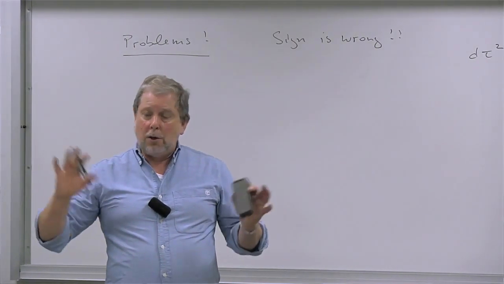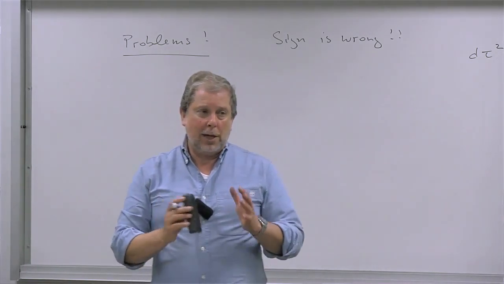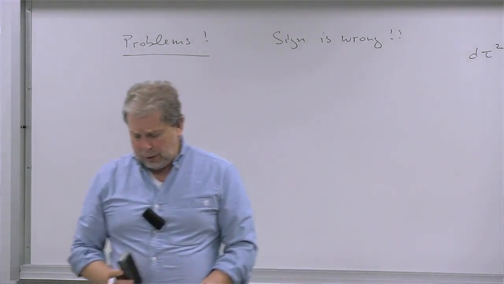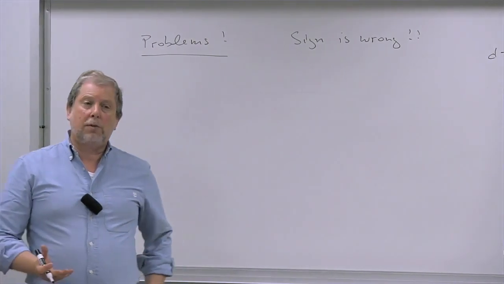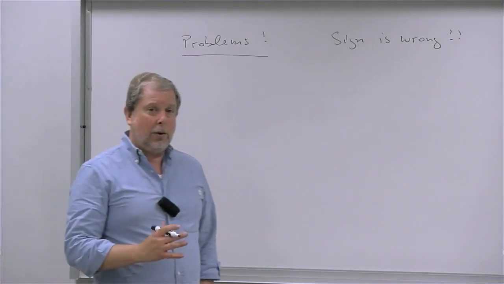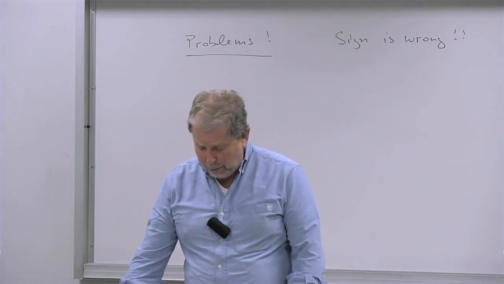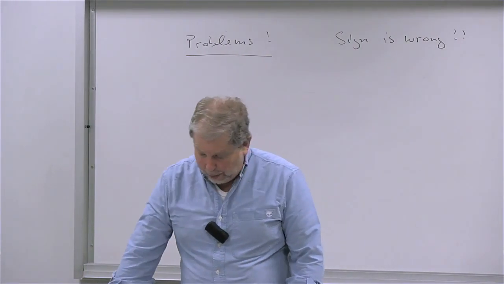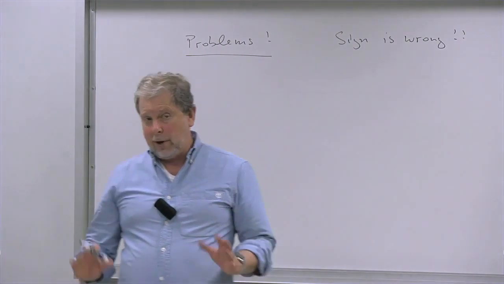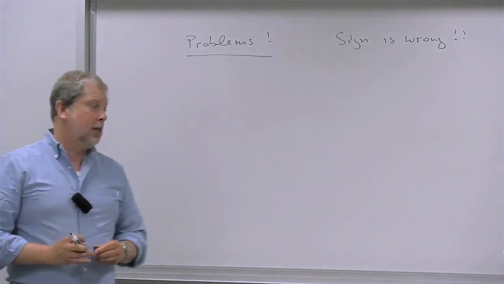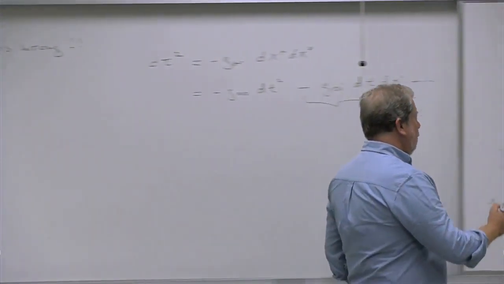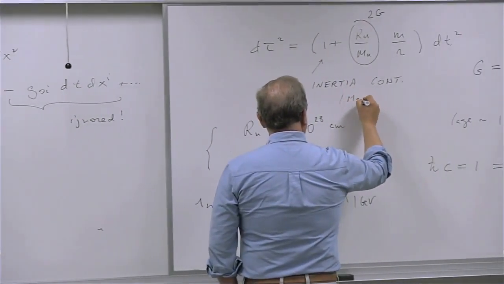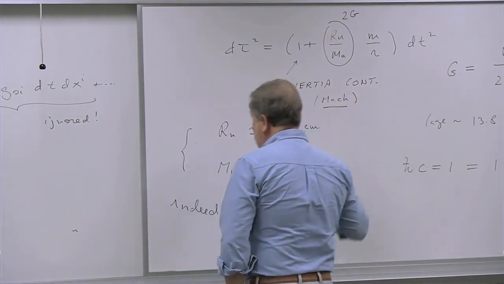Without a mass distribution at infinity, there would be no frame of reference for the behavior of this body, whether it's accelerated or stationary or moving at a uniform velocity. In the absence of the faraway bodies, there would be no frame of reference. So this is a way of introducing Mach's principle.